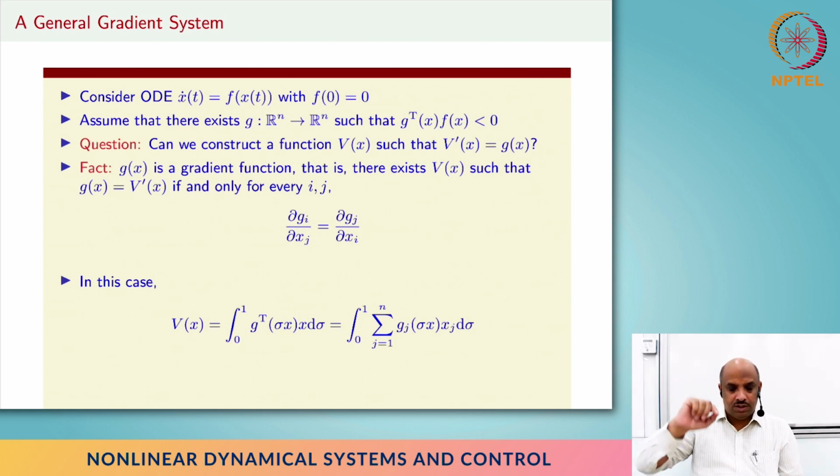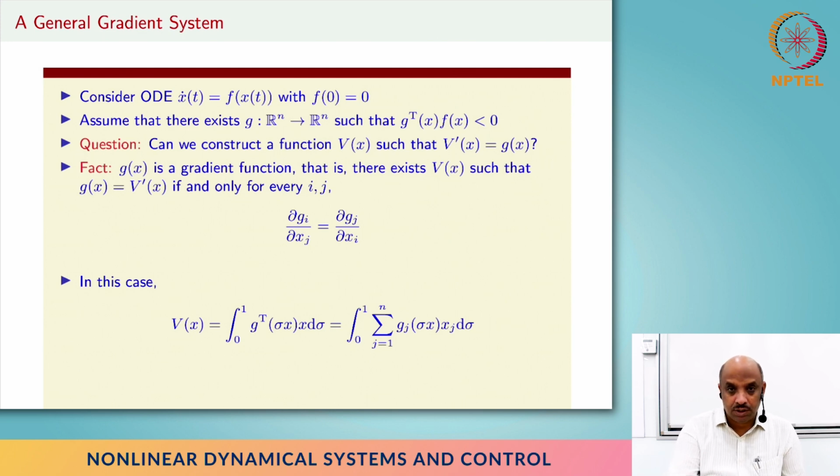We can imagine a path between 0 and x, integrate on that path, and then we get v of x. The nice thing is that all such integrals are path independent, so we chose a particular path, and it's not necessarily that we have to use this approach to derive v of x.